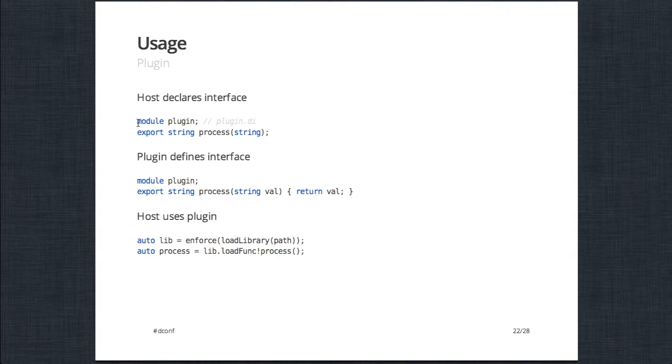So the host can declare a plugin header file which says which functions have to be implemented and which data has to be defined by the plugin. And then the plugin has to fulfill that interface by actually defining functions, right?